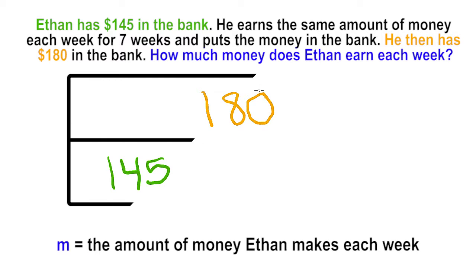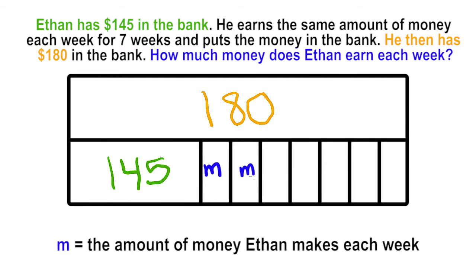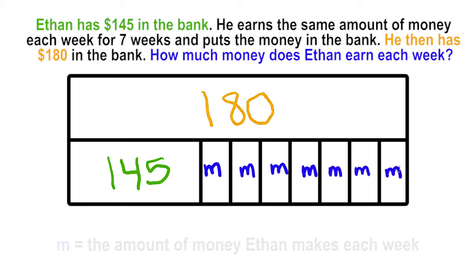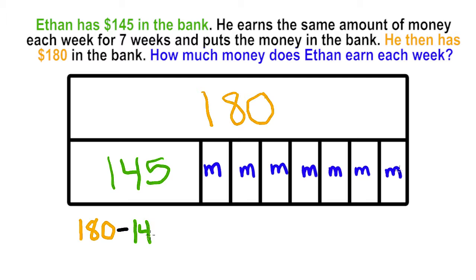We can draw our tape diagram like this. We can now visually see that we need to know what M represents, so we know how much Ethan made each week. I first subtract 145 from 180. This will total 35. We have 7 total weeks where he has earned the same amount each week.